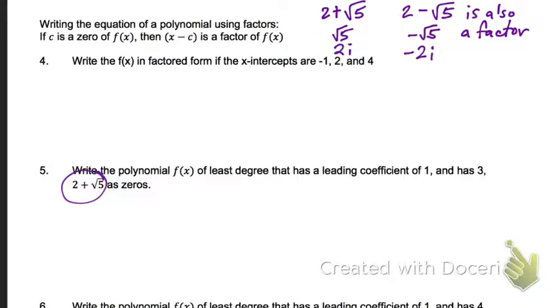If I said 3 minus i was a factor, you would have to say 3 plus i is a factor. So basically, anytime you have a square root or an imaginary, when you're solving them, it's always plus or minus. But when you get a question like this, they're only going to give you one of them and you have to add in the other one. So you must add in its conjugate, which is what it's called.